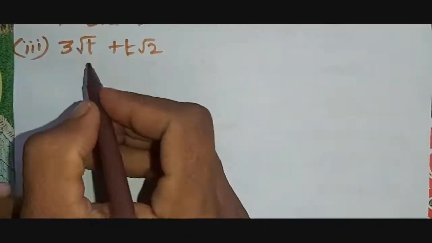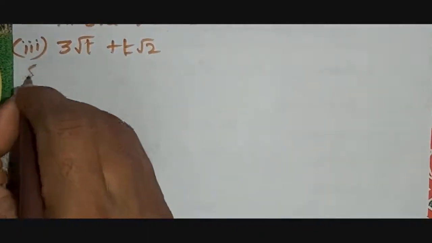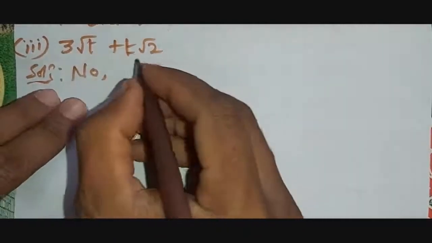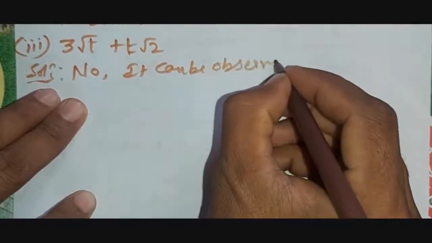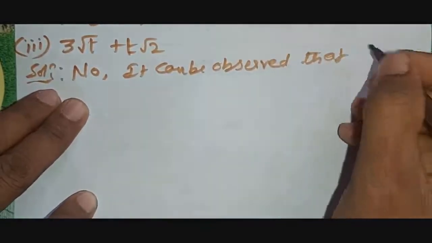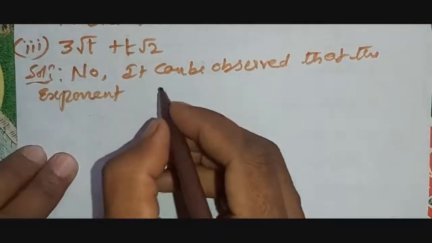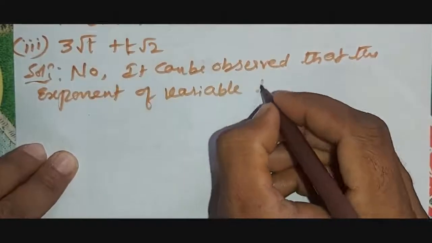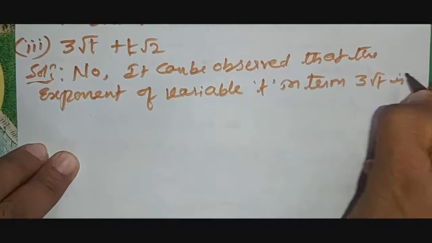Okay, now the third one, 3 root t plus t root 2. The solution, this answer is no. It can be observed that the exponent of variable t in the term 3 root t is 1 by 2.